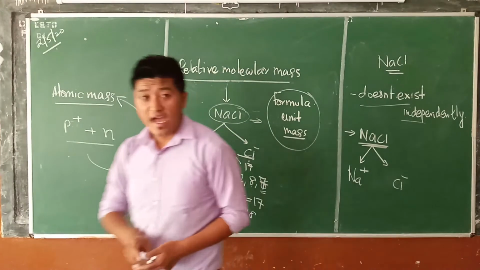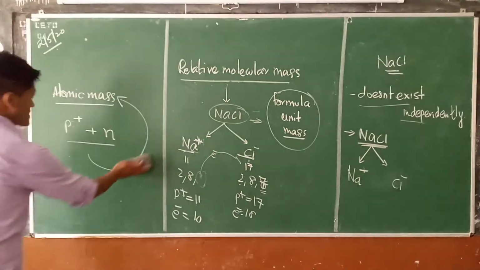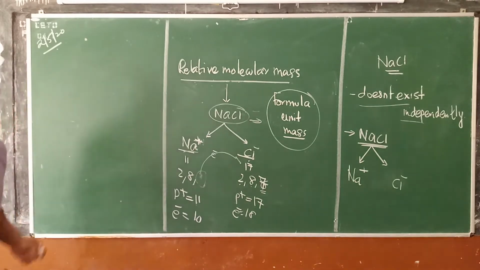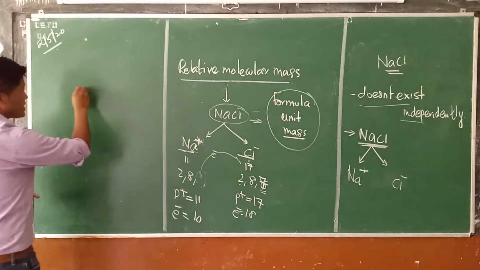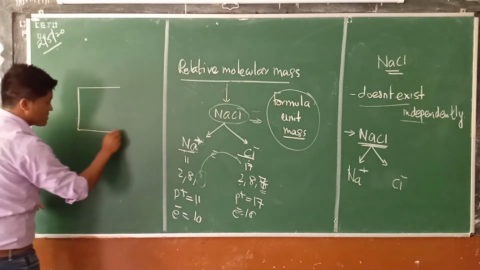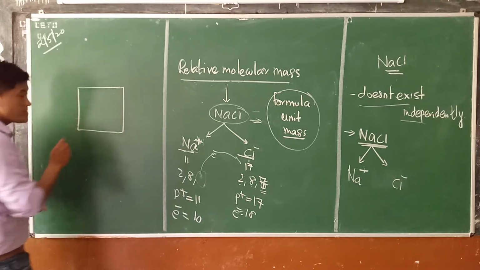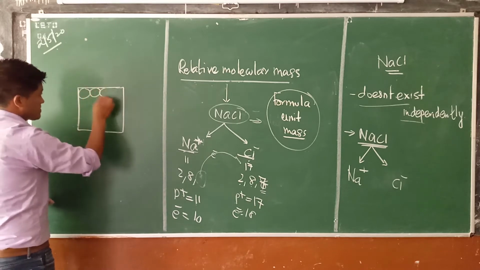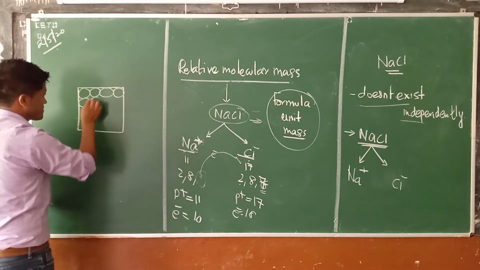Is that clear? And again, on formula unit mass, I will add one more thing here. Let's say this is sodium chloride, NaCl. I'm going to write roughly.